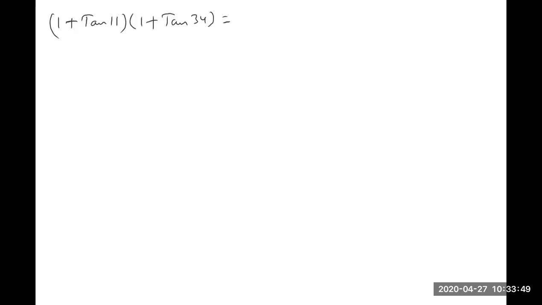So now you need not solve it completely. You don't know what is tan 11, you don't know what is tan 34. But you observe here, if A is equal to 11, B is equal to 34, then A plus B is equal to 45. So this formula will be applied: 1 plus tan A into 1 plus tan B. Direct, yes. So your direct answer will be how much? 2.